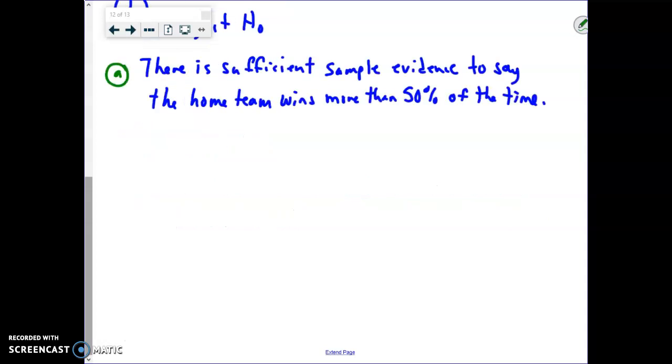So to answer part B here, and again, I'm putting this in green because this is part A and part B, not to mix it up with the steps that we do in our sampling distribution.